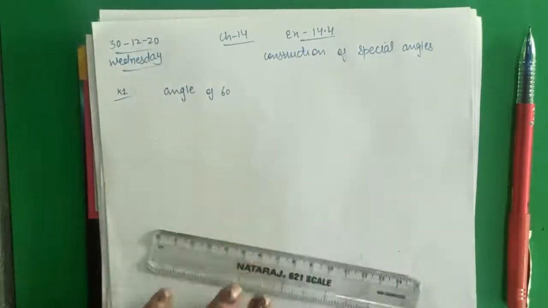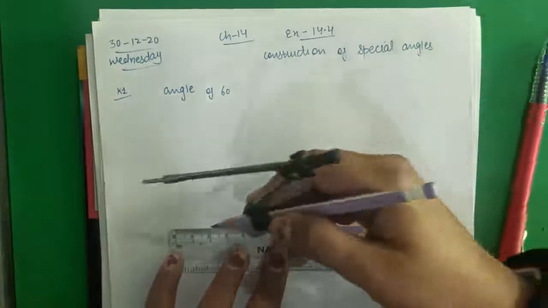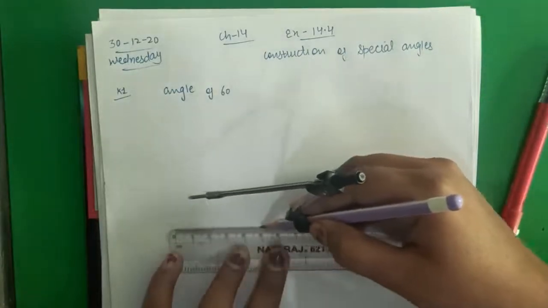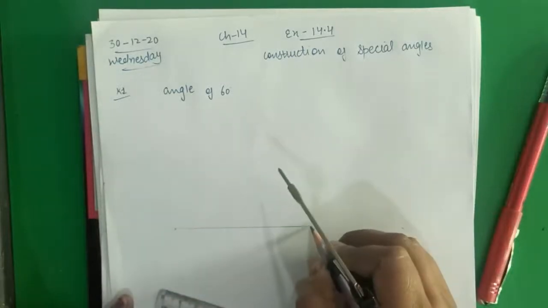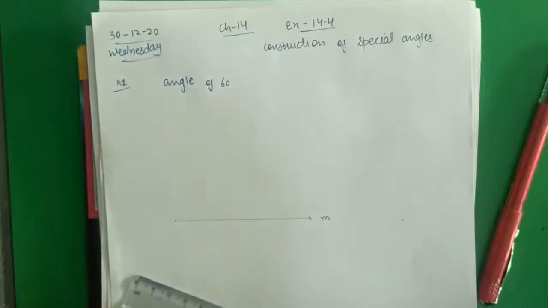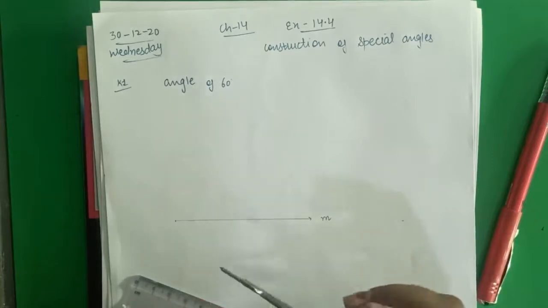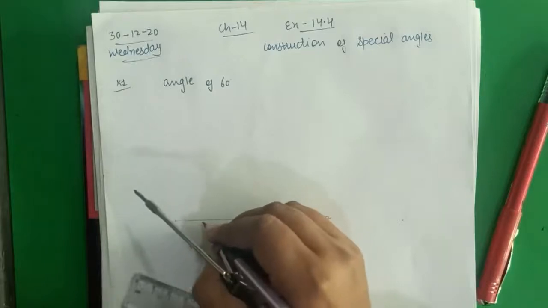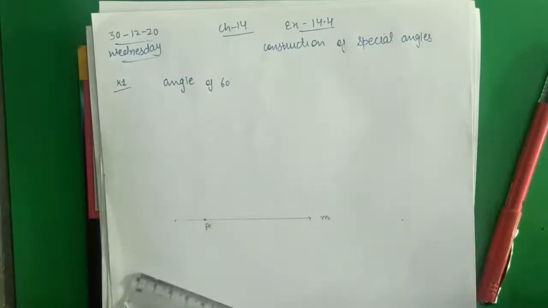A line. So the first step is to draw a line M. We will draw any line M. Now, after this, we will mark a point A on the line.